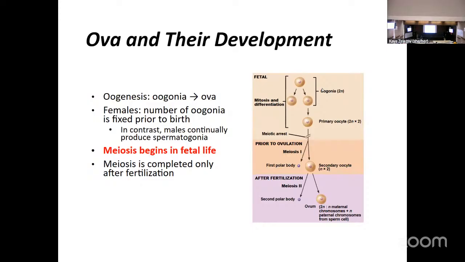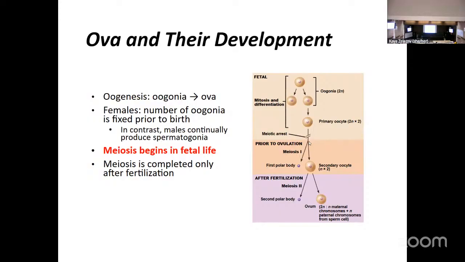So here you can see that the words for the different cell types do mirror what we saw in the spermatogonia. So our initial cells in fetal life that would have undergone mitosis to make more of them in utero would have been oogonia. So those would have been the diploid ones. And then we had our primary oocytes. They start to set themselves up for meiosis. So they're making their extra copies.